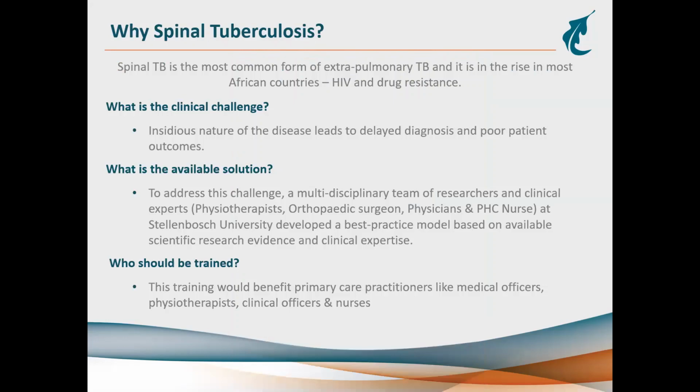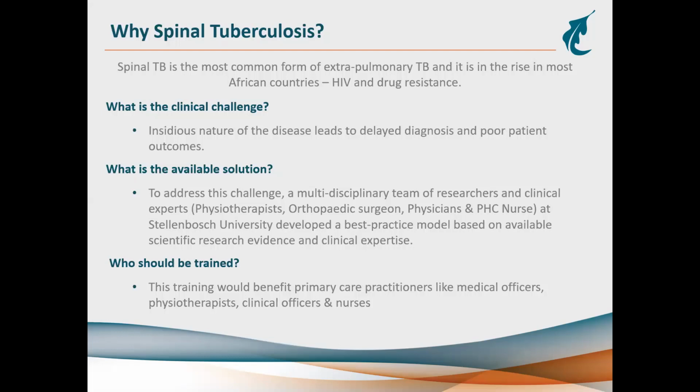So why do we need to talk about spinal TB? Spinal TB is the most common form of extrapulmonary TB, and a re-emergence of TB is currently seen due to the increase in HIV prevalence and the development of drug resistance. In developing countries, TB is the most prevalent HIV-related opportunistic disease at 54%.